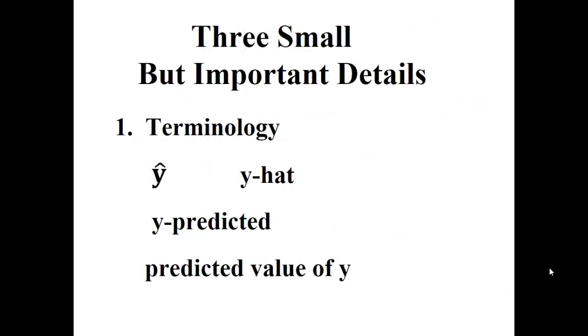Now, we discussed in the last lecture three important details about estimates based on regression. The first was terminology. We said that the estimated value has several different names. The names used most commonly are y predicted and the predicted value of y.